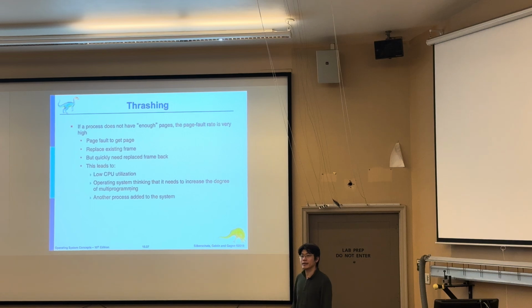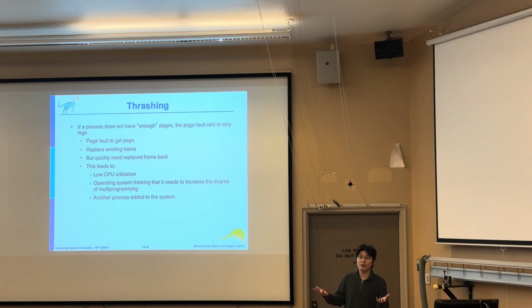This means that low CPU utilization can imply 2 things, right? One scenario is that you really need to increase multi-programming. The other is thrashing. Both scenarios could manifest as low CPU utilization, and the OS is confused.